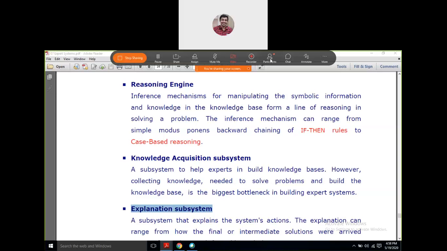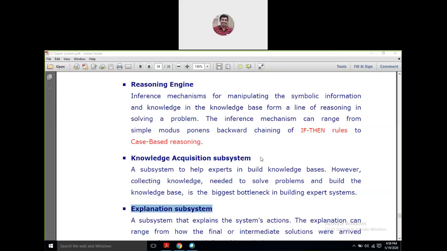What do I mean by reasoning? While our expert system performs certain kinds of tasks, that means it is making decisions, or proposing a kind of solution, or inquiring, that means reconfirming the steps already taken by the user, and after that the expert system takes any further decision, right?